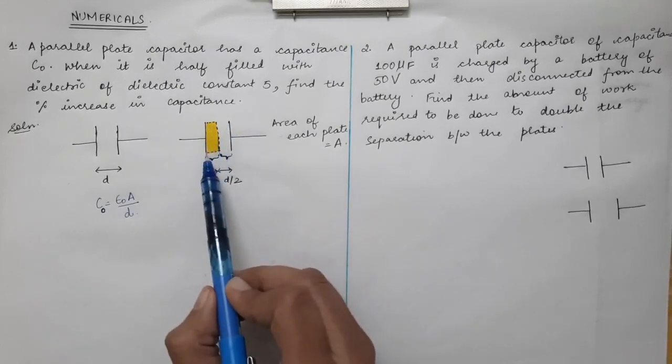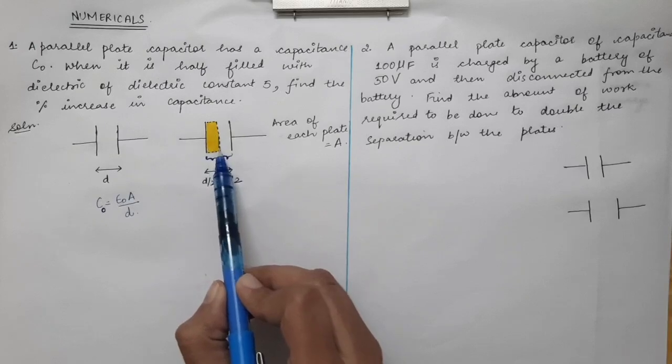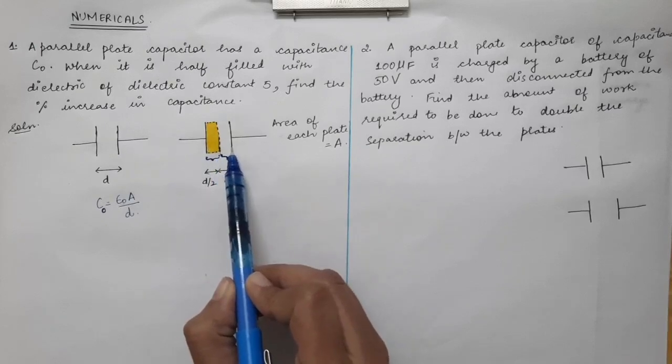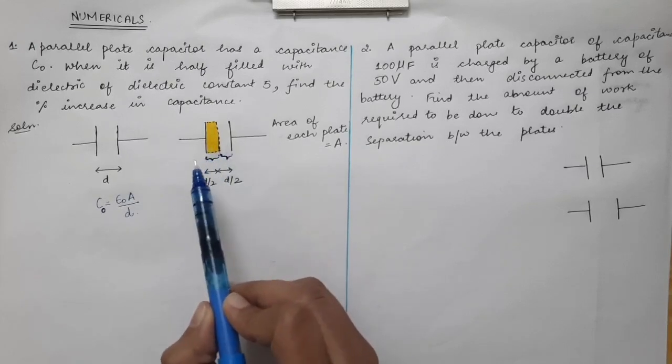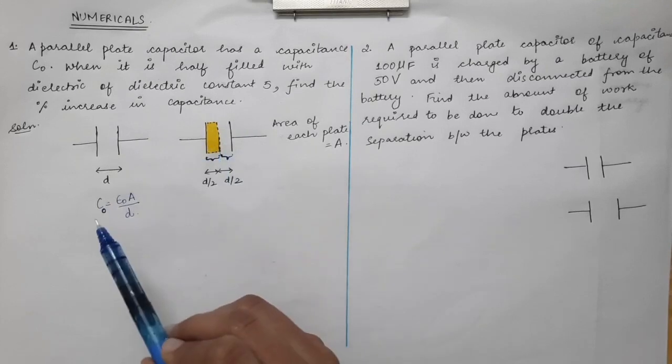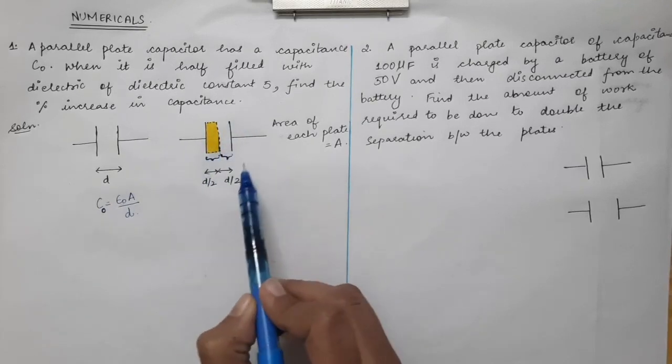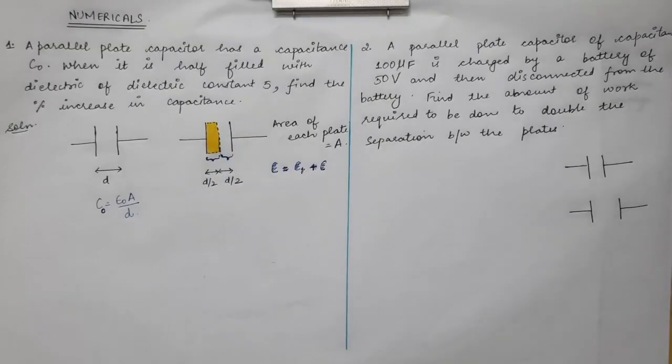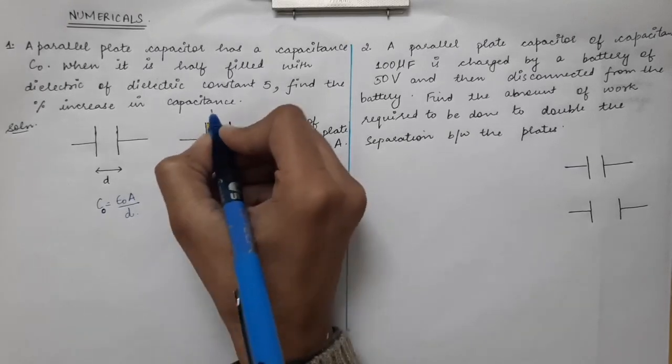So first of all, we will find the capacitance of this first capacitor, then the capacitance of this second capacitor, then we will apply the formula to find the resultant capacitance when two capacitors are attached in series. So what will be the capacitance of this whole capacitor? First we are going to find C1.